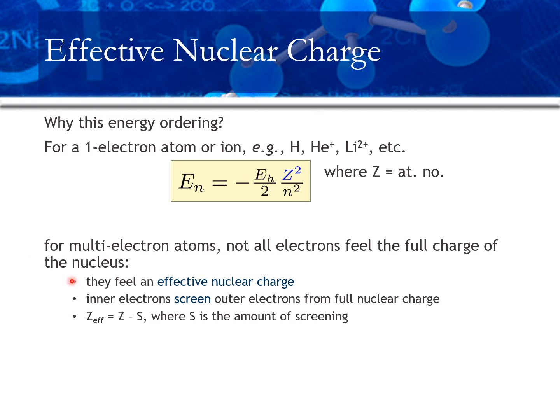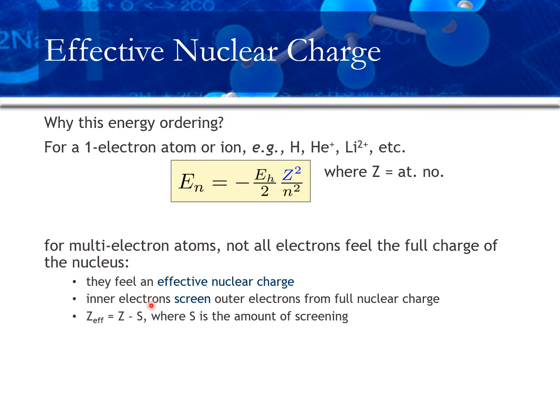So they end up feeling what we call an effective nuclear charge, Z effective, which is the true nuclear charge reduced by some amount, where this S stands for screening. Sometimes we call it shielding or screening. This is just due to inner electrons in between the outer electron and the nucleus blocking some of that attractive force and reducing the effective attraction to the nucleus.